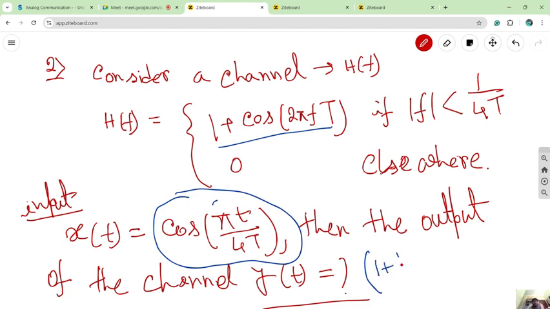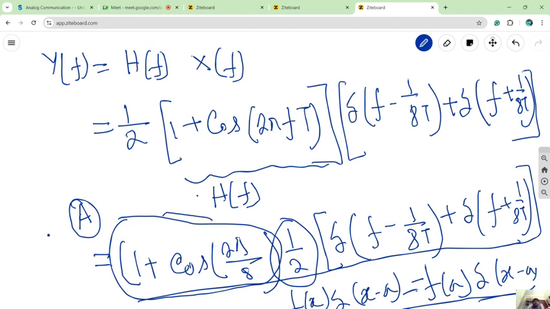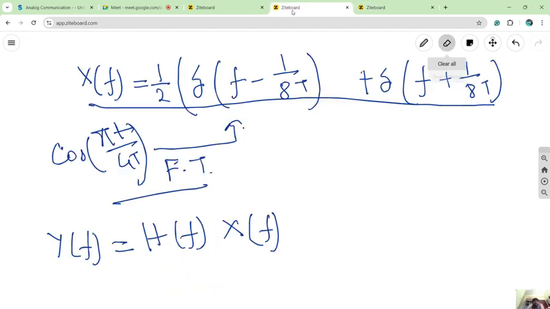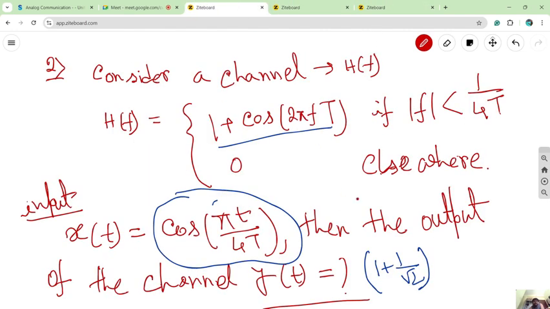If we do this constant calculation, it is 1 plus 1 by root 2, into cos of pi t by 4t. This is the answer.